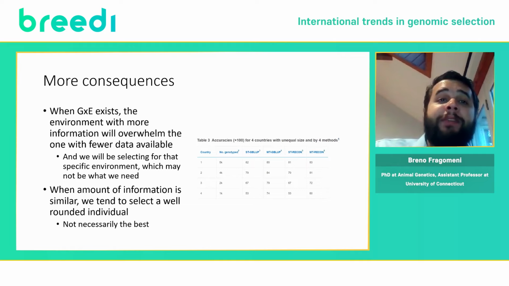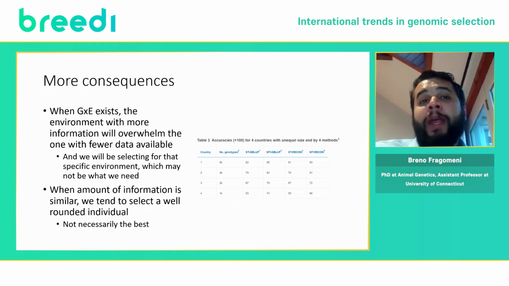The other problem of GBI is that when it exists and we put the evaluations together, countries or regions with more data will overwhelm those with fewer data. And what will happen is that we may be selecting for the environment that contains more data.